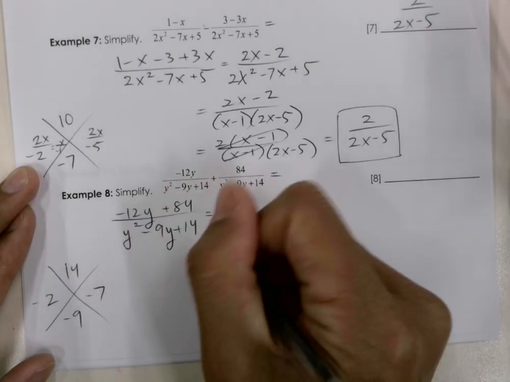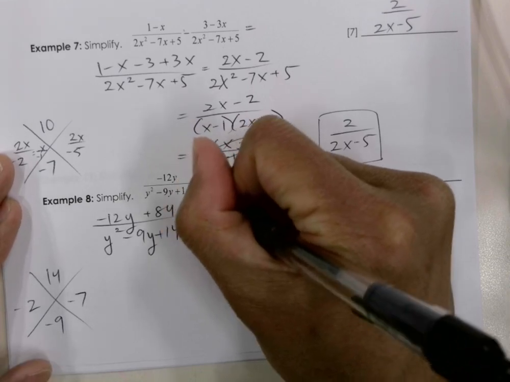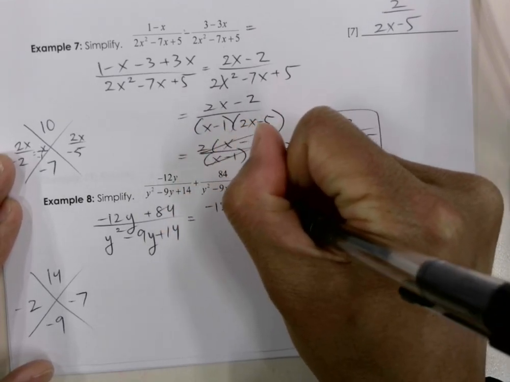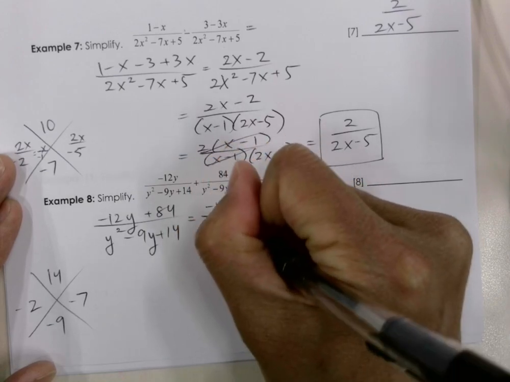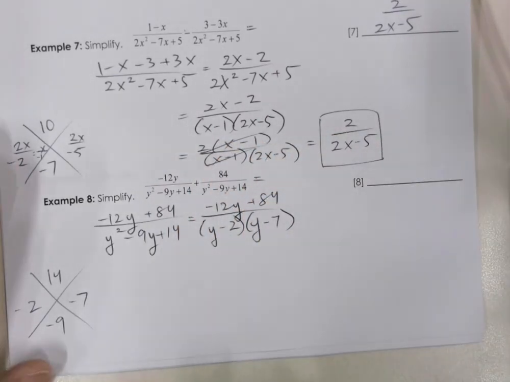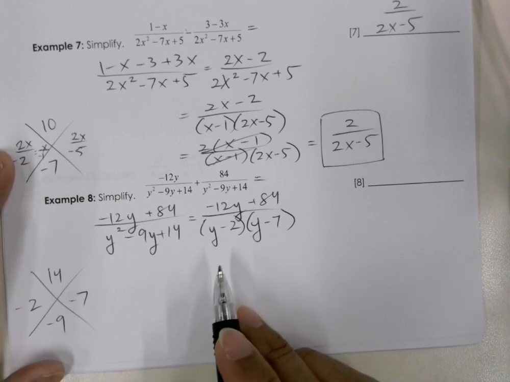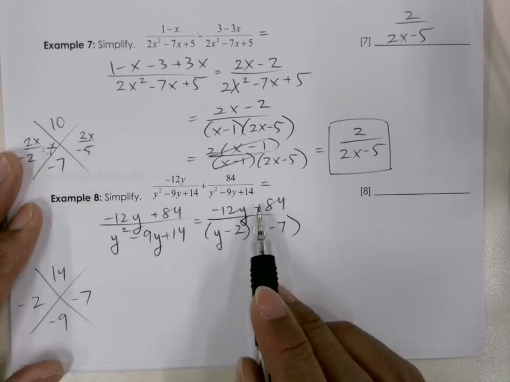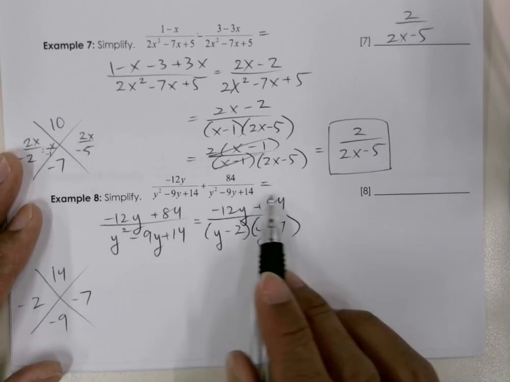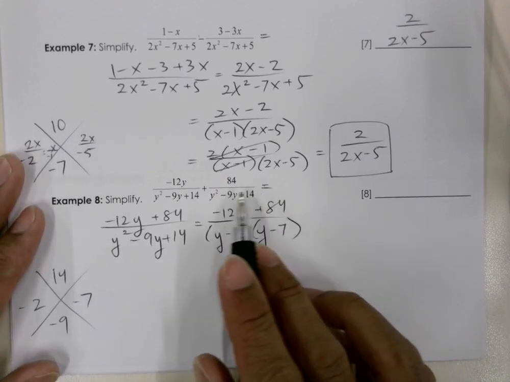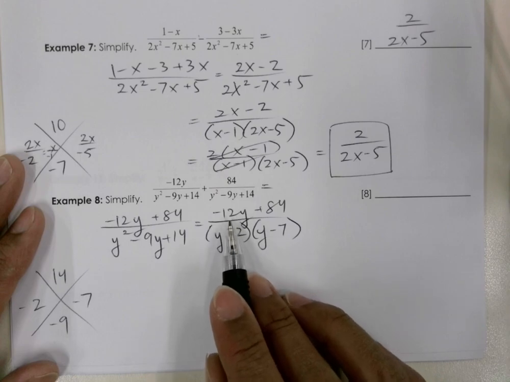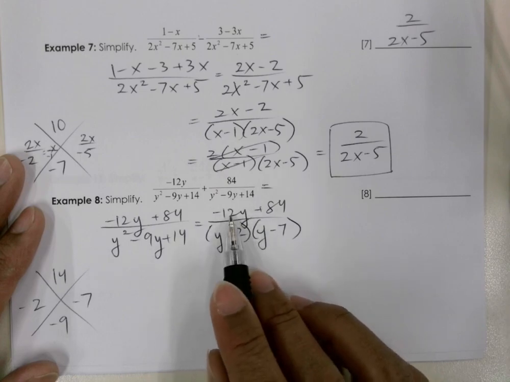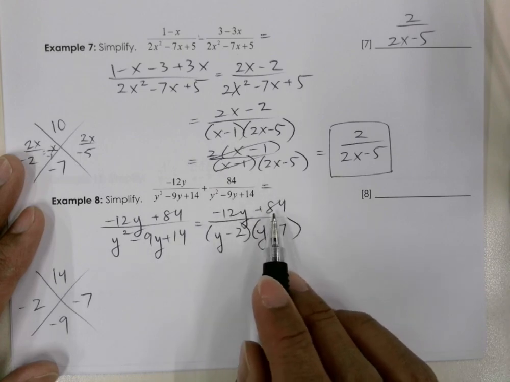Okay, so let's rewrite our quotient. It's going to be negative 12y plus 84 over y minus 2 and y minus 7, like so. All right, so now we need to get one of these factors down here in the numerator, right? And the only way we can make that happen is if we factor out a 12. Right? 12 evenly divides into 12, and 12 also evenly divides into 84.